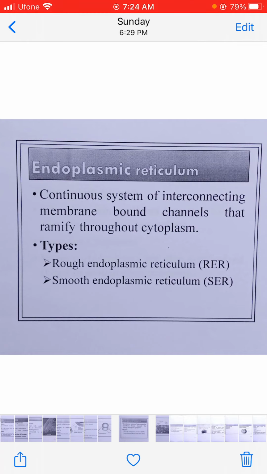These are the same as the channels protruding out from the ribosomes, and they ramify throughout the cytoplasm. There are two types of endoplasmic reticulum: rough endoplasmic reticulum and smooth endoplasmic reticulum. Based on the names of their different types, their functions are different.